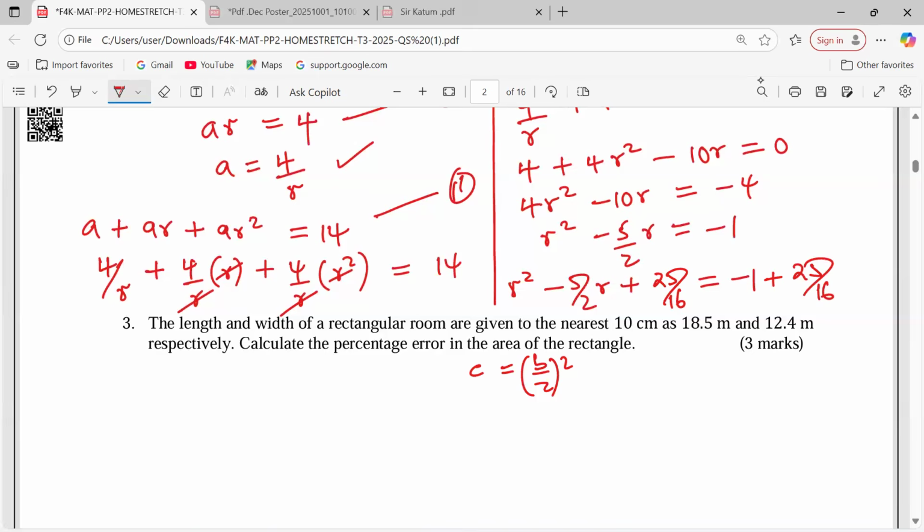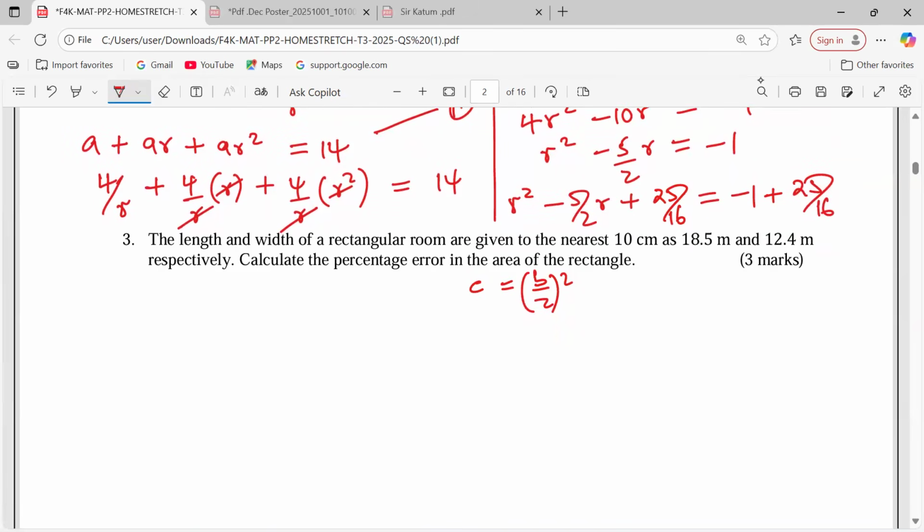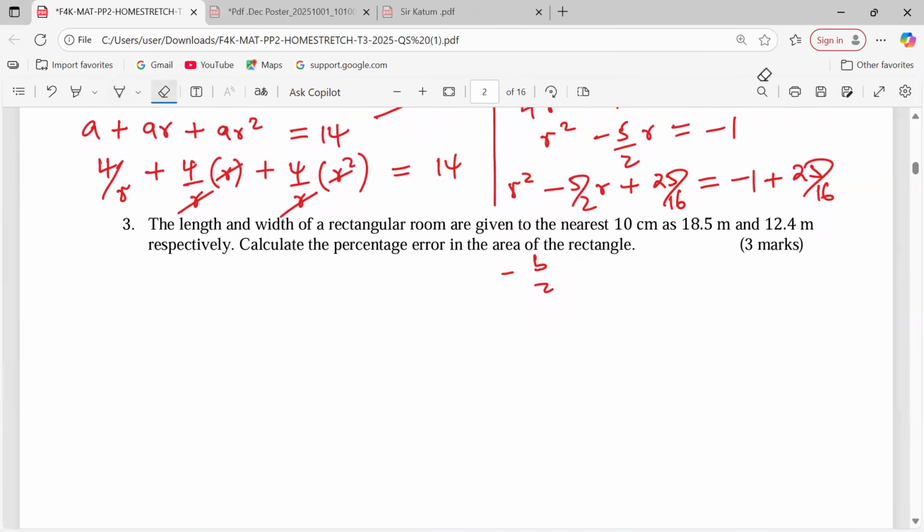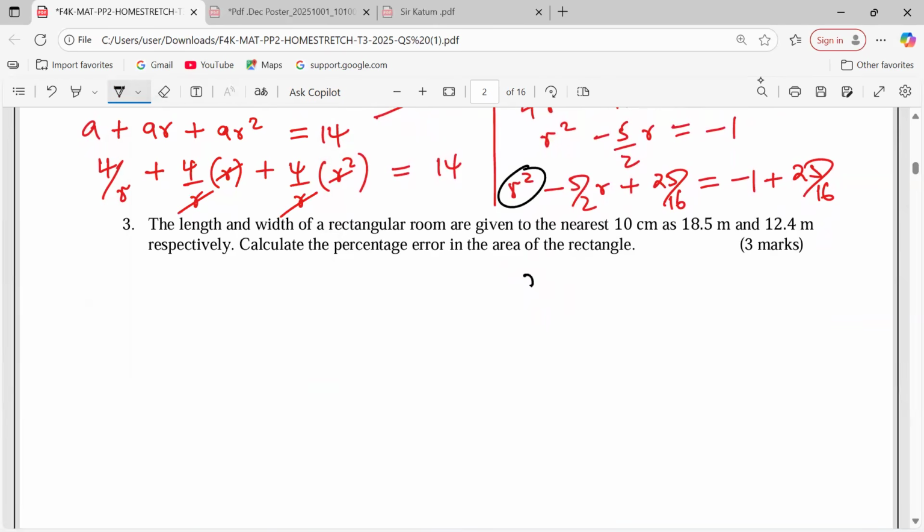25 out of 16. Let me use the space below that question. We shall manage the space for number 3. But look at this. We can now factorize. To factorize a perfect square means the square root of the first term, the sign that follows, the square root of the last term, squared, equals negative 1 plus 25 over 16.